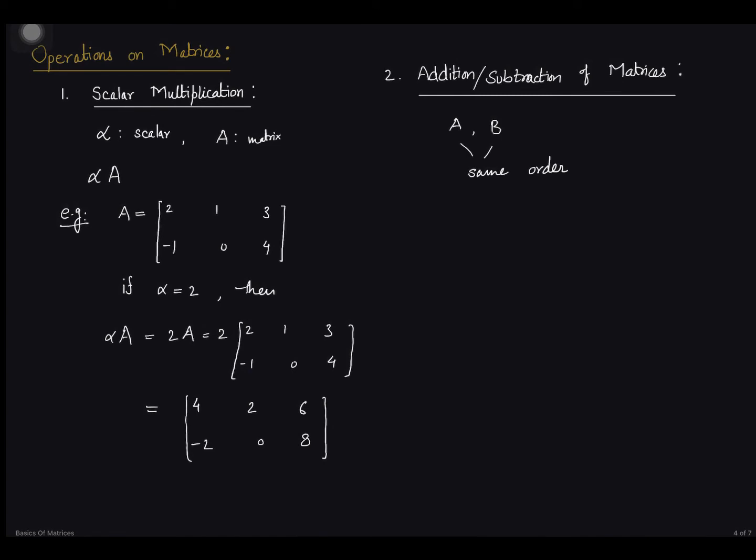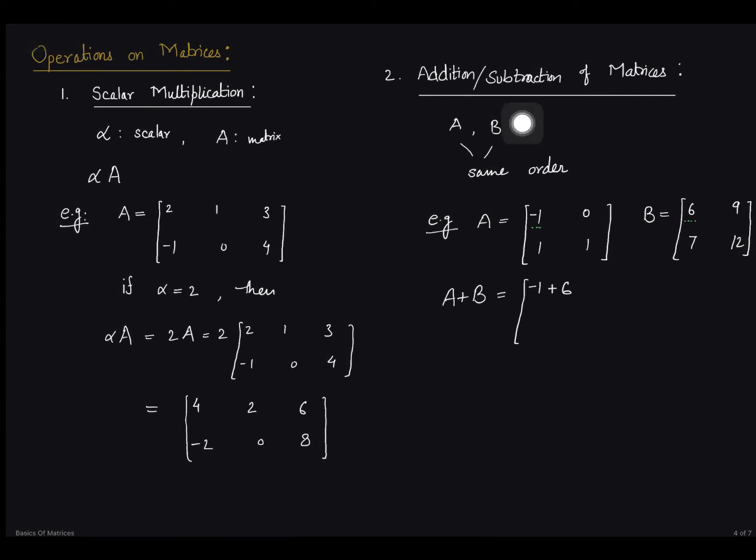For example, you have matrix A as minus 1 0 1 1, matrix B is 6 9 7. So addition of two matrices A plus B, so component wise addition. So first element of this, first element of this, minus 1 plus 6, second element 0 plus 9, 1 plus 7, and 1 plus 12. So this is as simple as that.